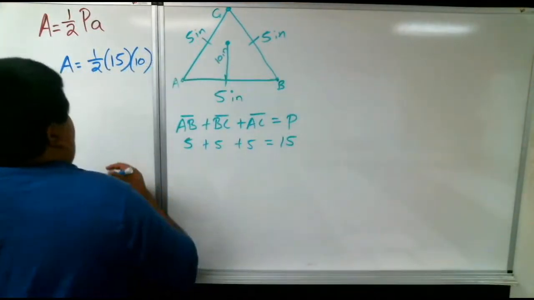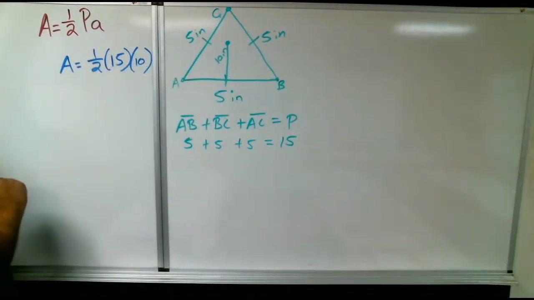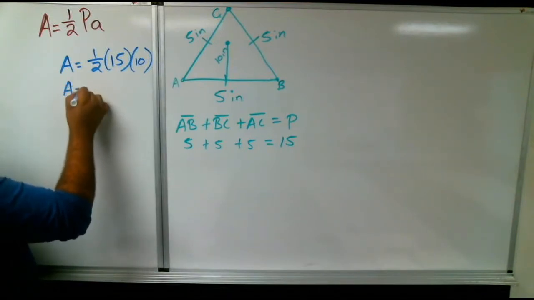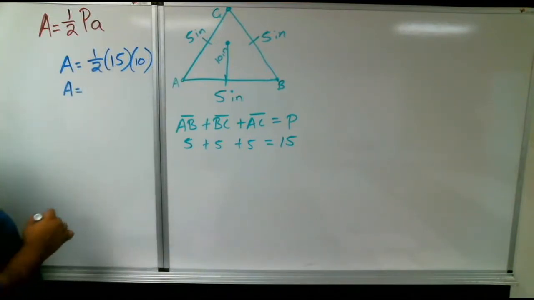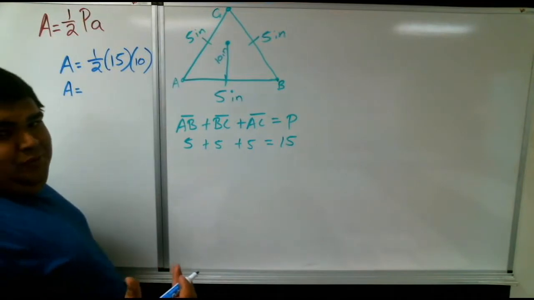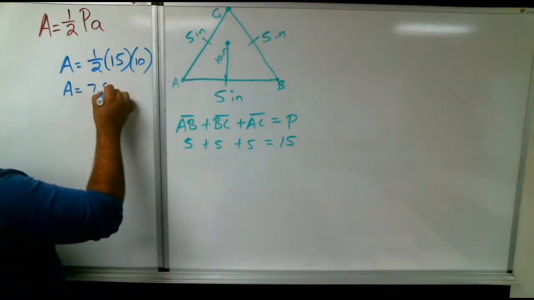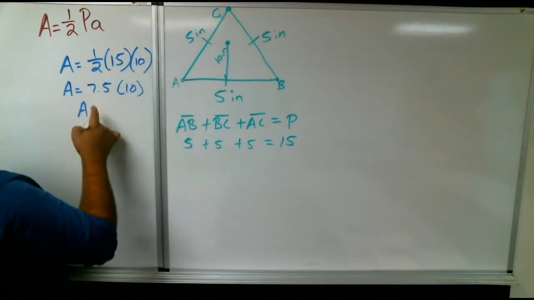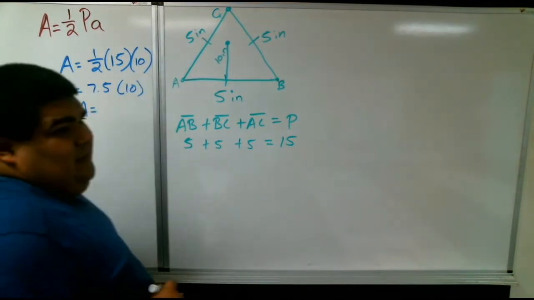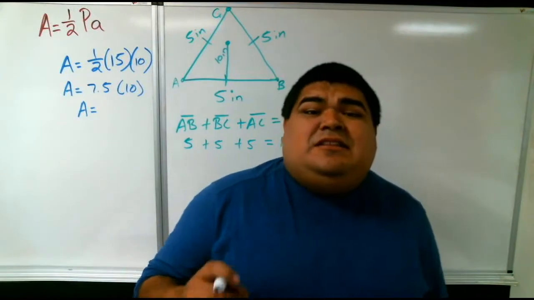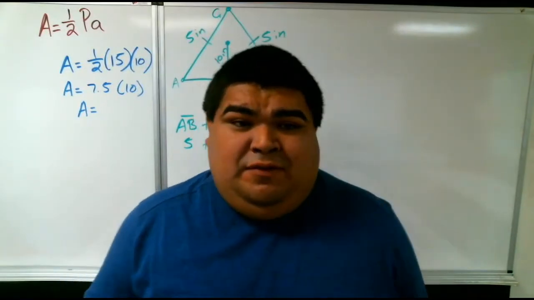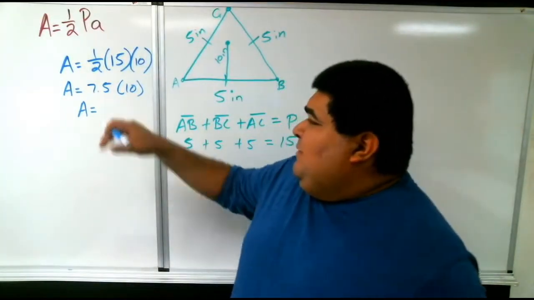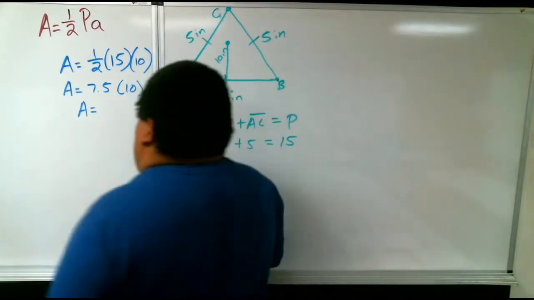All I'm going to do is cut the 15 in half, because remember, 1 half times 15, it's like saying 15 divided by 2. So it's 7.5 times 10. So the area equals, all we really need from the 10 is the 0, because anything times 1 is just itself. It's like saying 7.5 times 10 is 75.